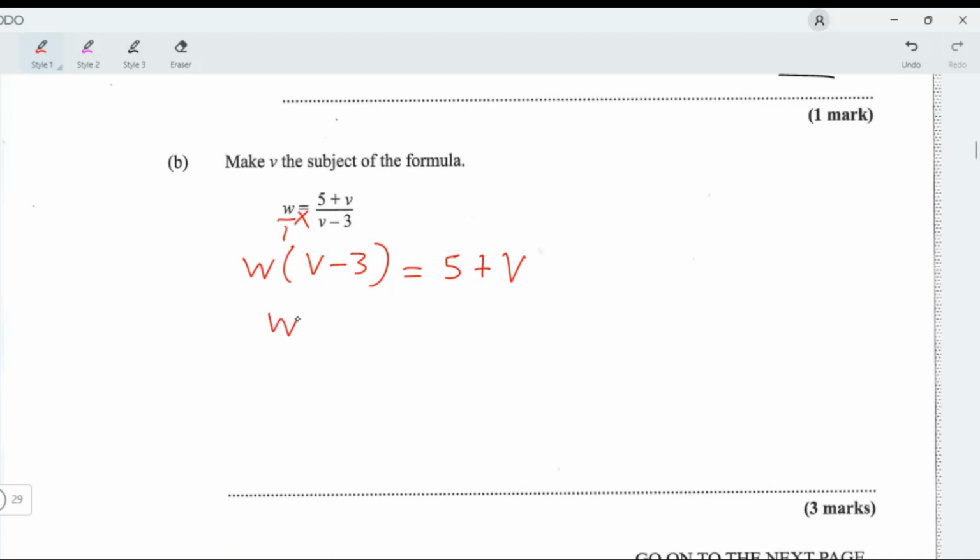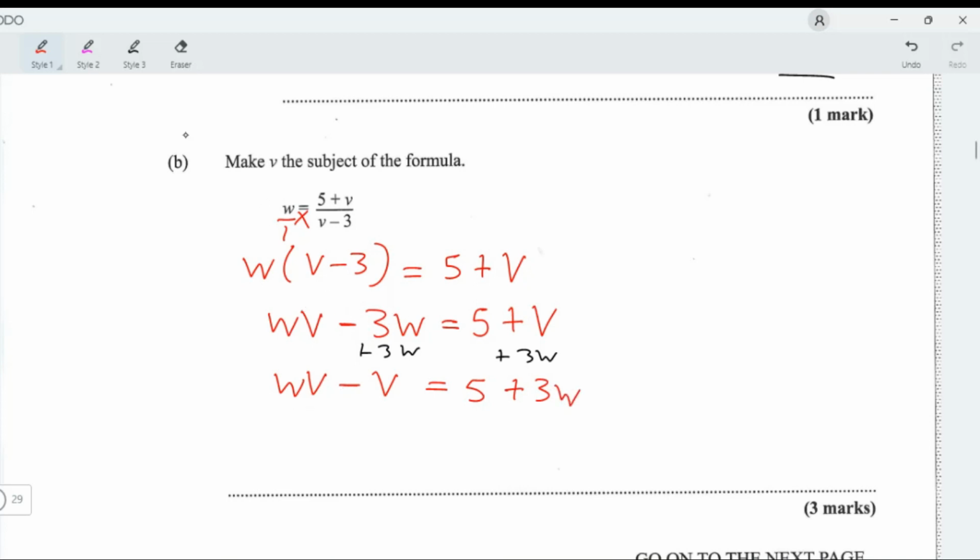Expanding, we get w times v minus 3w is equal to 5 plus v. In that case, we bring over the v's to one side, so wv minus v is equal to, we add 3w to both sides, and it becomes 5 plus 3w.